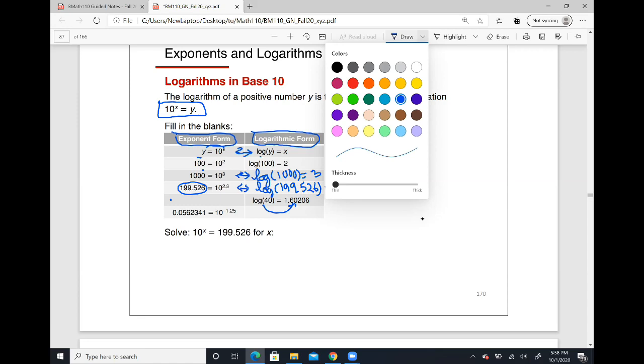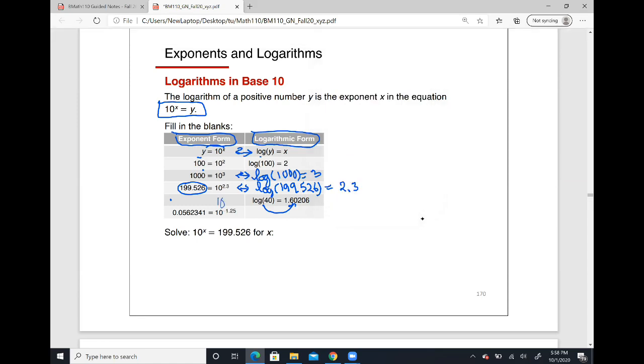So I have 10 to the power 1.60206 equal to the argument 40. Okay, so that's going to be the way, right?